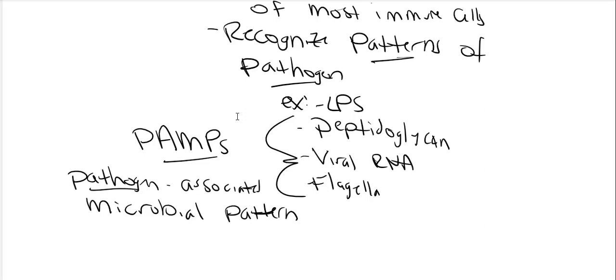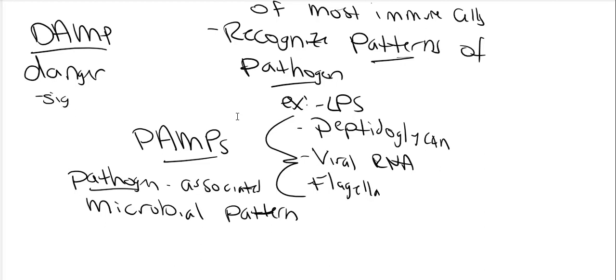You could also have something called a DAMP. DAMP stands for danger associated microbial pattern. This could be something like a signal from a cell that's infected with a virus, a signal of a dying cell, or maybe an exotoxin, any type of danger associated pattern. So we have PAMPs and DAMPs.